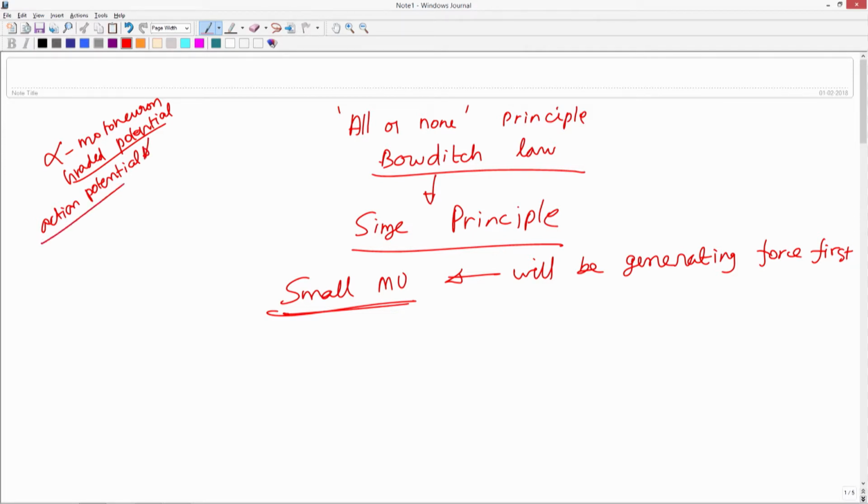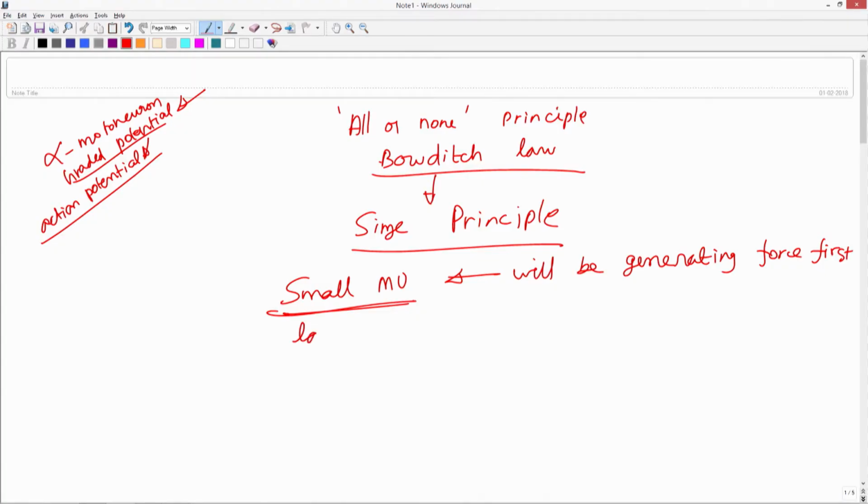Whenever this motor unit's action potential is equal to the graded potential, it starts firing, it starts generating force. Now, the motor neuron is going to increase the graded potential. Then the next larger motor unit will come into the picture. So, larger and larger motor units will be generating forces subsequently.